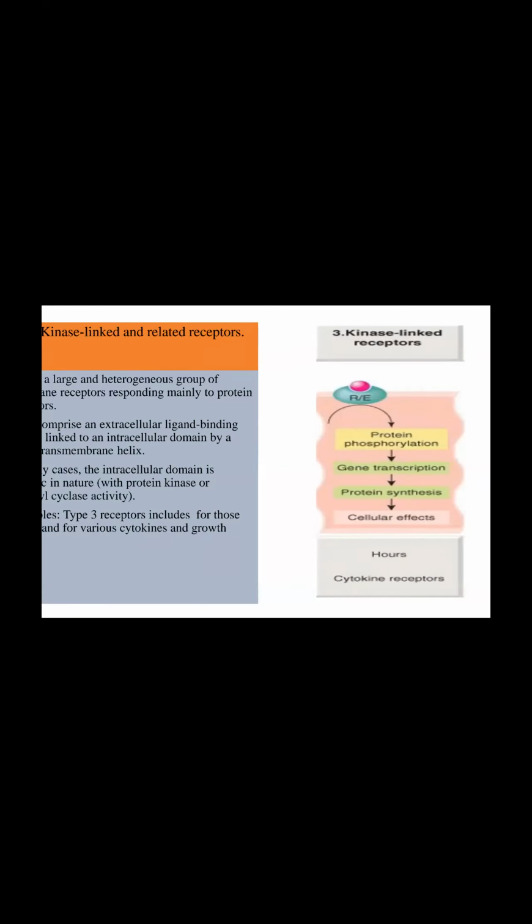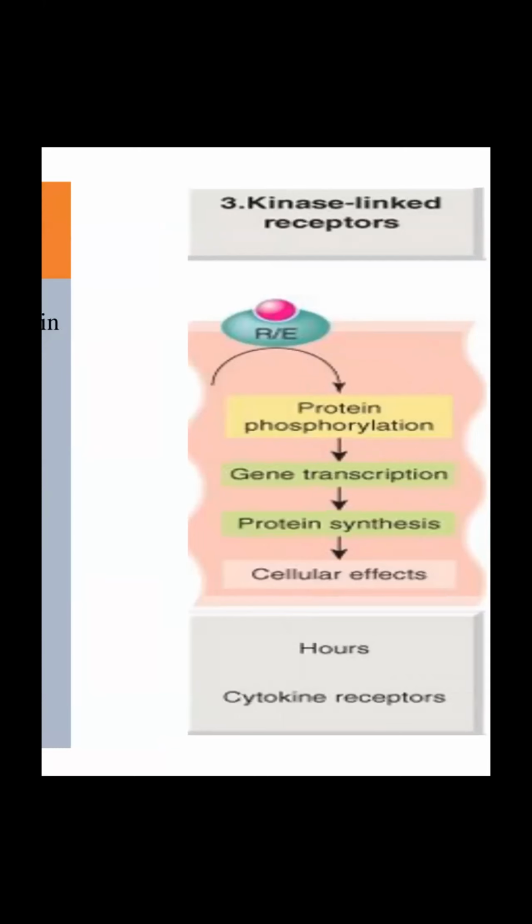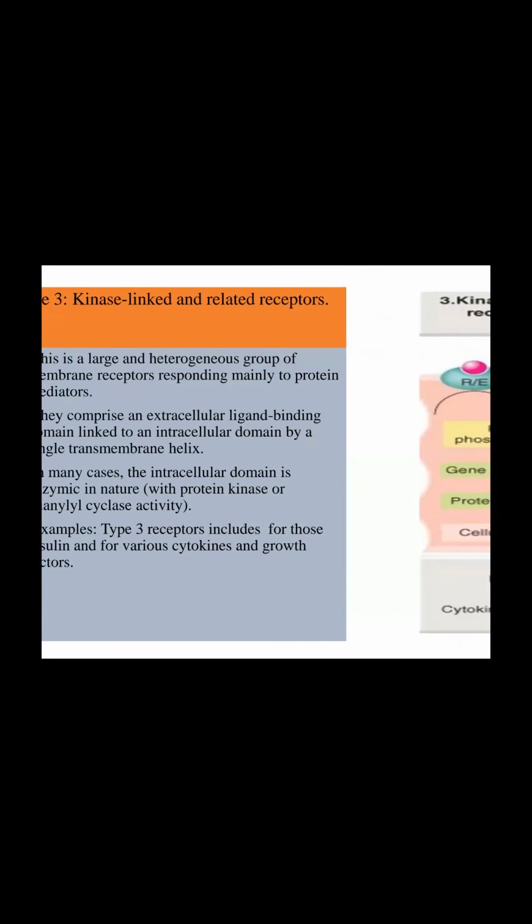So this is a large heterogeneous group of membrane receptors responding mainly to protein mediators. They comprise an extracellular ligand binding domain linked to an intracellular domain by a single transmembrane helix. Just one receptor will be there, connecting the extracellular and the intracellular.